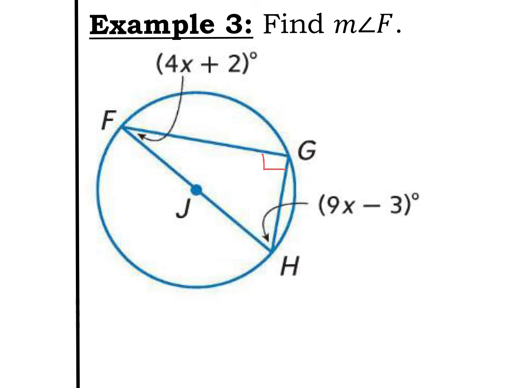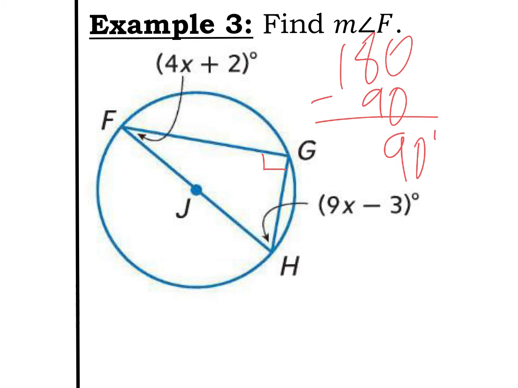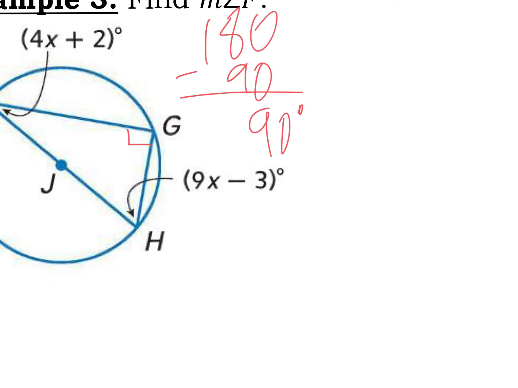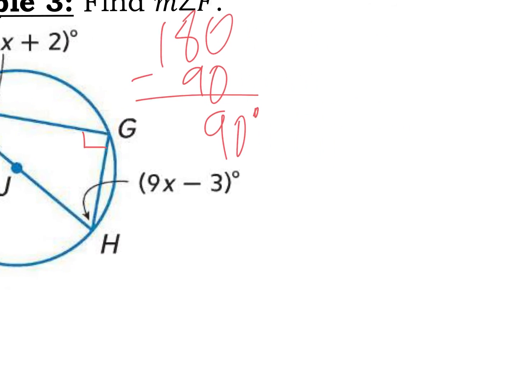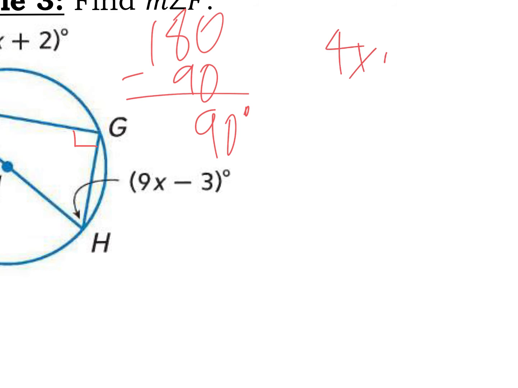But basically, we know that the sum of all the angles in a triangle is 180 degrees, right? So we start with 180 degrees, and we know angle G is a 90-degree angle, a right angle based off of that property. That means the sum of my two angles has to equal 90 degrees. So I'm going to add together angle F and angle H: 4x plus 2 plus 9x minus 3, and set that equal to 90.